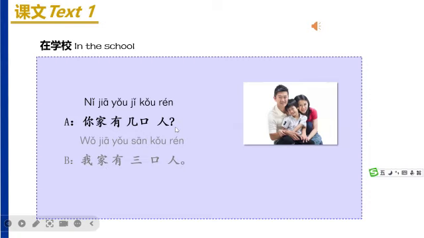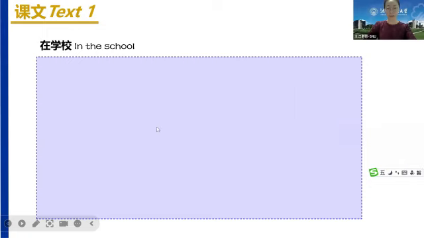How many family members you have? 我家有三口人. I have 3 family members. There are 3 people in my family. 你家有几口人? How many people are there in your family? That is text 1.